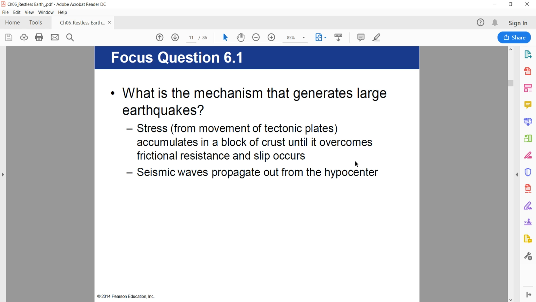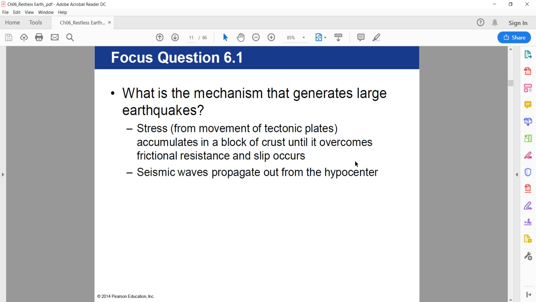If it seems very complicated, you can just write: when the two plates at transform plate boundaries are trying to slide against each other, the stress will build because friction does not allow them to slide past each other. And as more and more energy builds, this energy will eventually overcome the friction and the slide will happen, which will lead to the event of an earthquake.